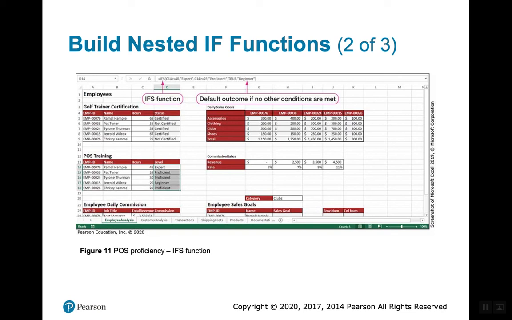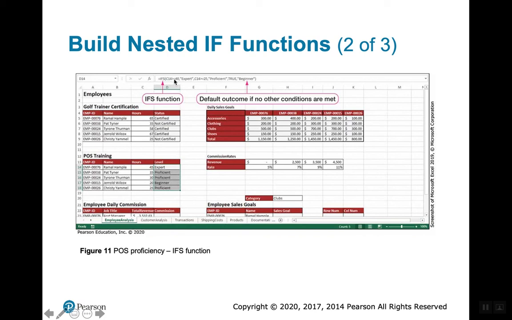Now you could also go back and actually build nested ifs, but that becomes really, really messy. So one of the things they've done within Excel, within the logic processing, is they've created a function called IFS. And what an IFS function does is it enables us to put multiple values in.